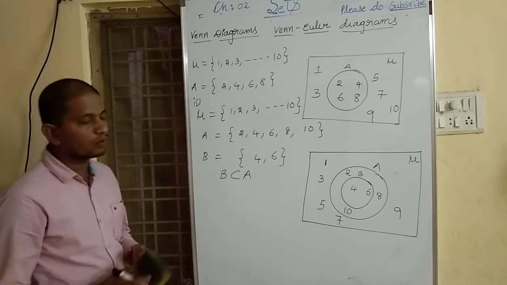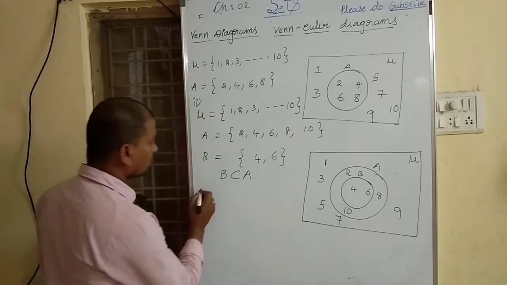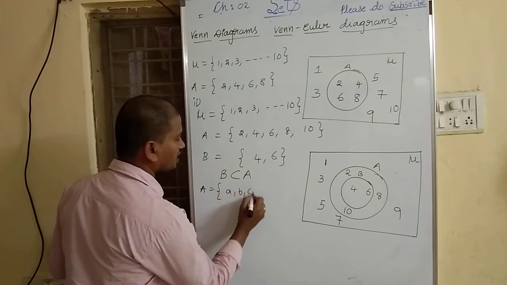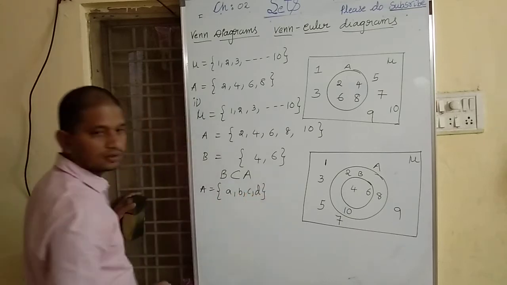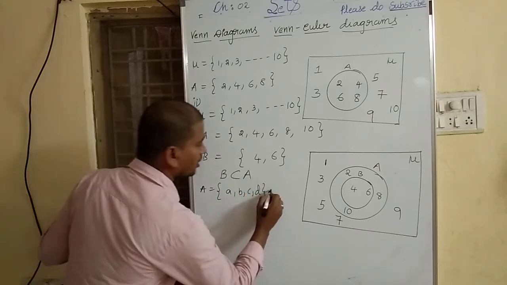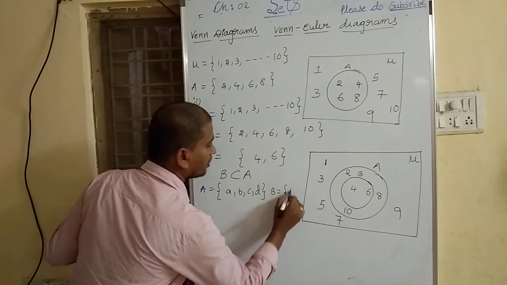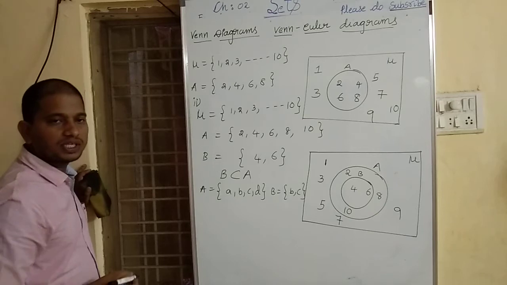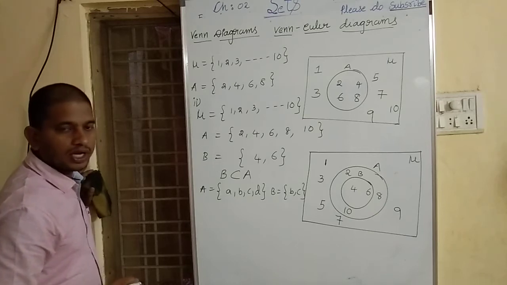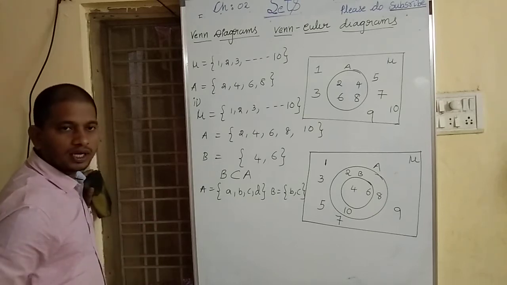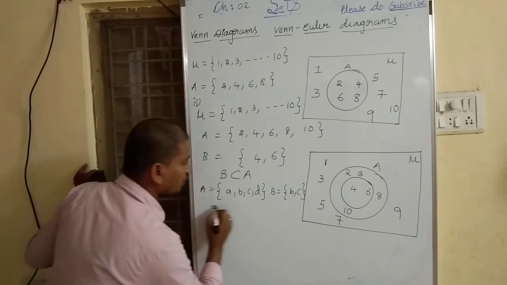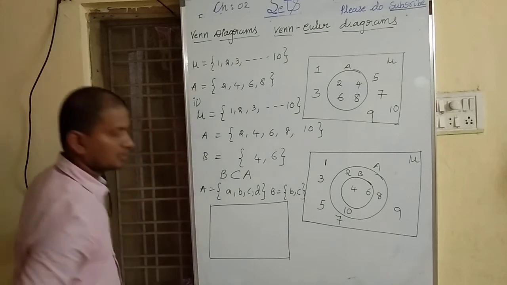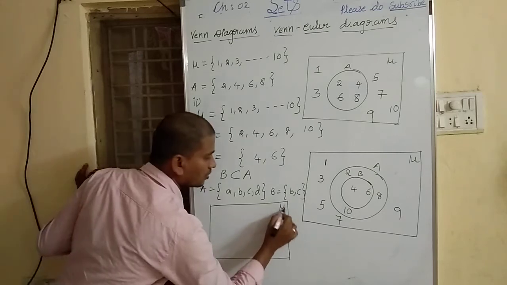And let me explain one more example. For example, set A equal to a, b, c, d, and set B equal to b, c. Okay, how to represent A and B? See, this is our universal set, which is our mu.